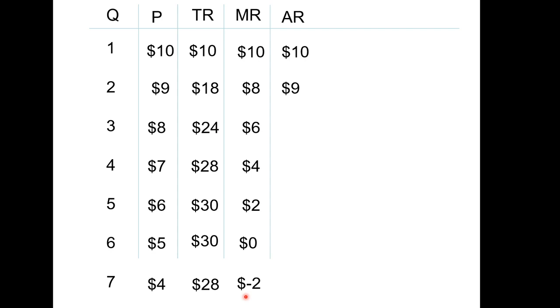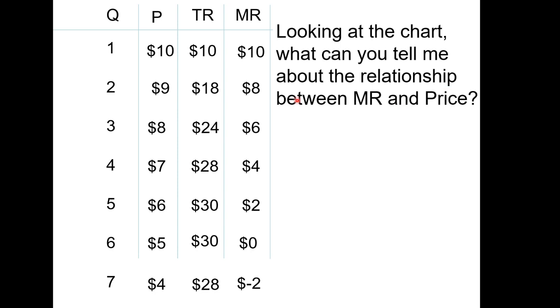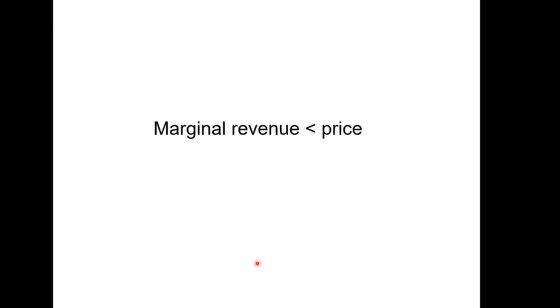Now, as I went through this, I was saying to you, look at the chart, tell me about the relationship between MR and price. After the first unit, we notice that MR is lower than price at every output. So that's what you want to focus on in monopoly. MR is less than price. Marginal revenue is less than price.